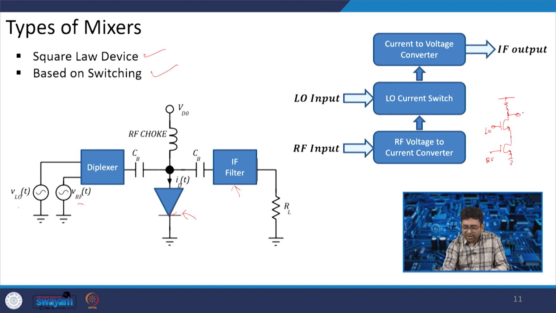This is a very basic configuration of the mixer, where the RF signal is converted to current, the current is switched by the LO, and you will get the VIF here. So, these are the two ways we can do the mixing, and that will provide the mixer output.